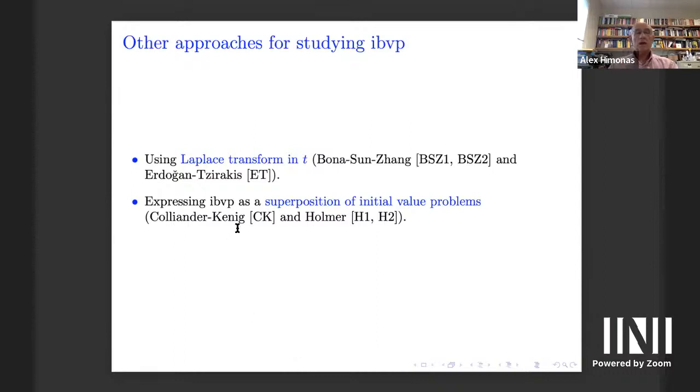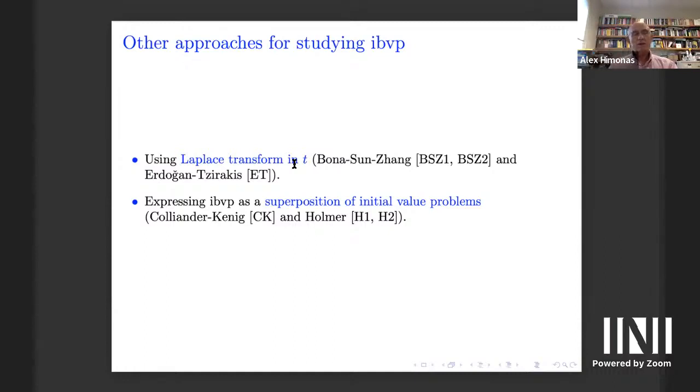And time is here to mention that one may say, well, this method has its own motivation. Bona and company used the Laplace transform in time to solve the first linear ibvp, and if you do that, of course, then for the KdV you are going to have a third order derivative in the spatial variable.